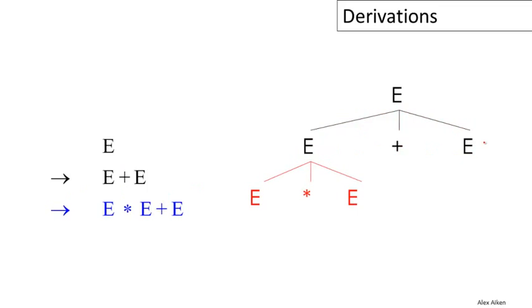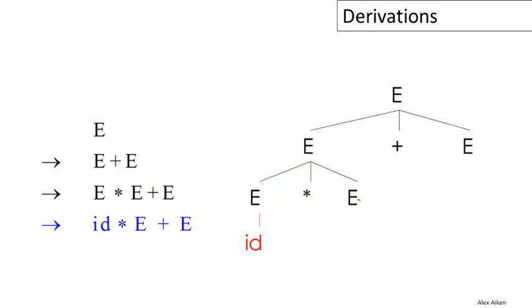Now we replace the first e by e times e. So we use the production e goes to e times e, and that means we take the first e in the tree and we give it the three children e, times, and e. Continuing along, we take the first e that remains in this expression and we replace it by id, which means we make id a child of the leftmost e in the tree that we're building.